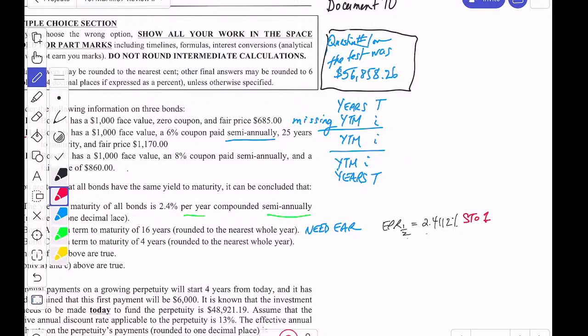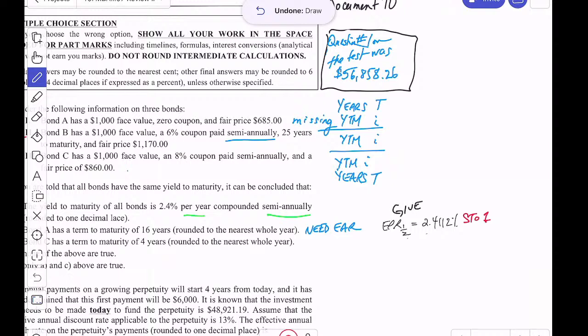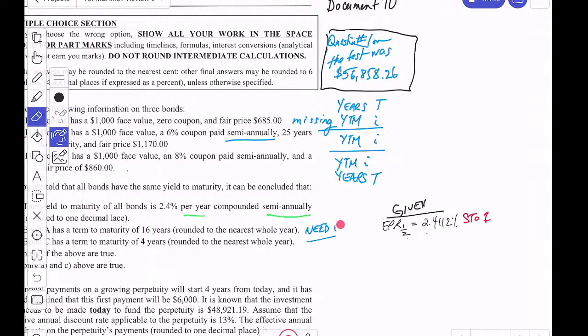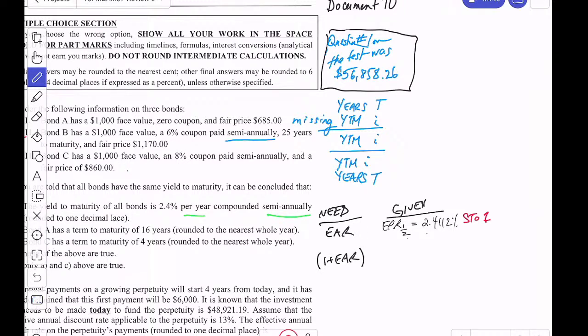And you guys know by now the relationship between them: 1 plus EAR is equal to 2 semi-annual periods compounded.